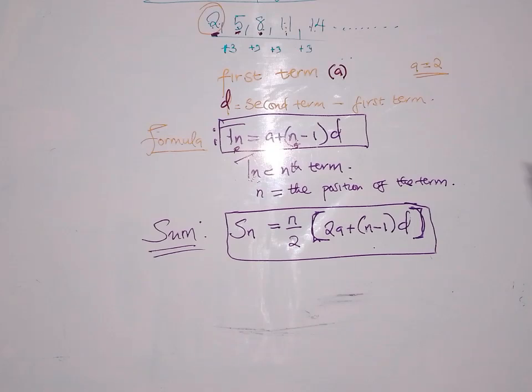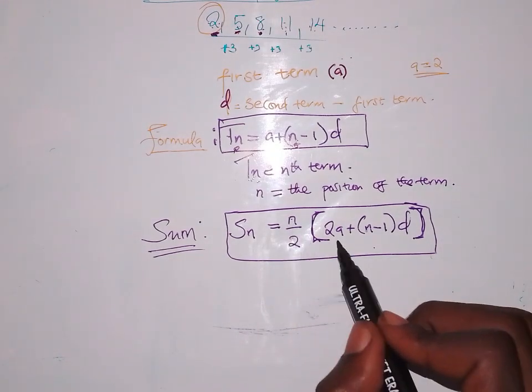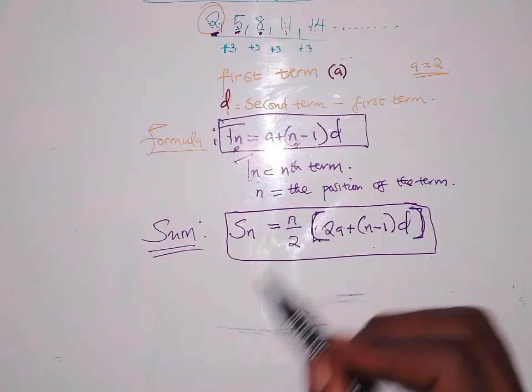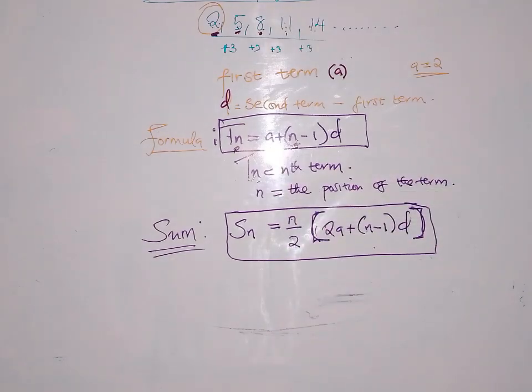The only addition to the sum is what? N divided by 2 plus, and 2. These are the only three things they have added to the first formula. These are the basics, everything you need to understand on the arithmetic progression.